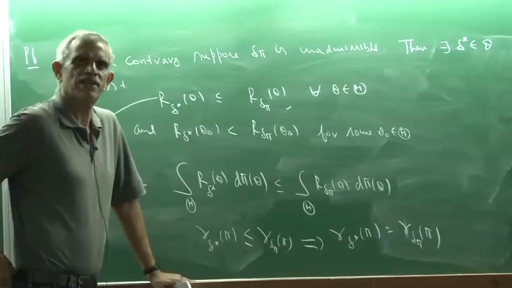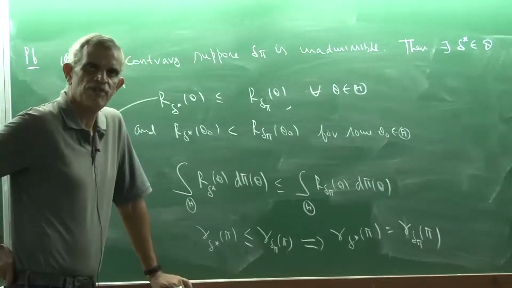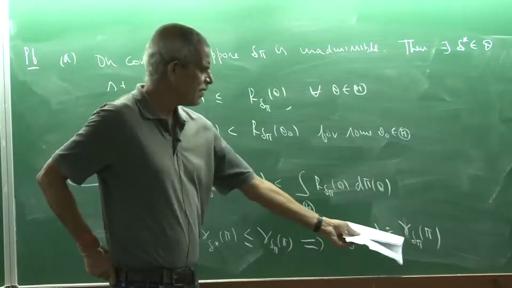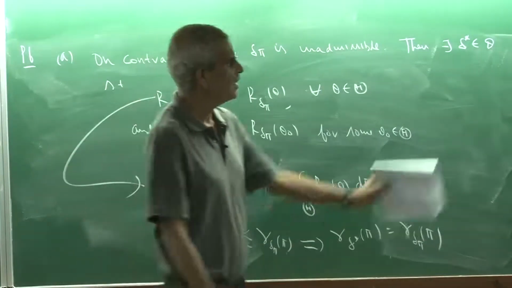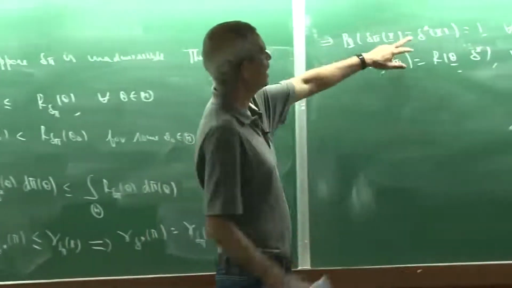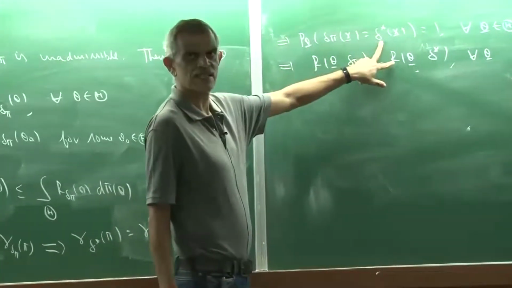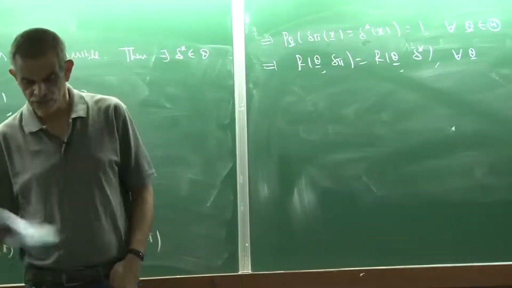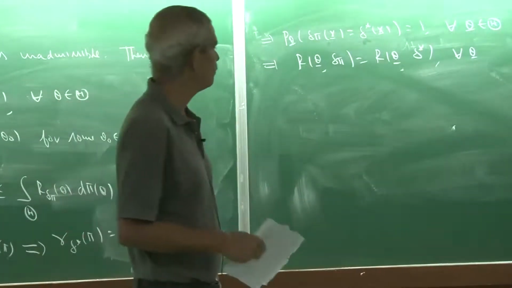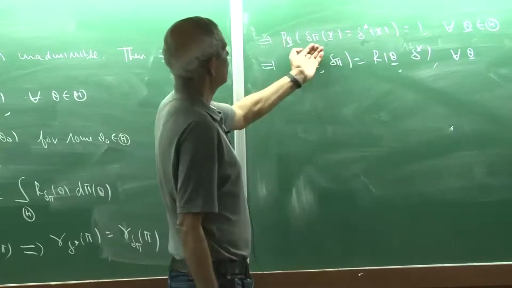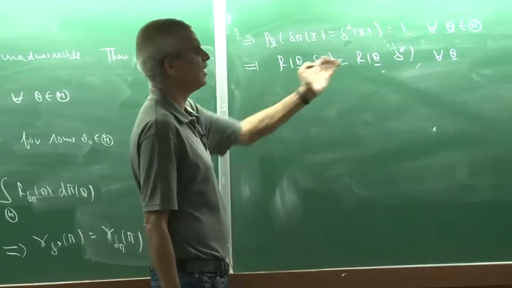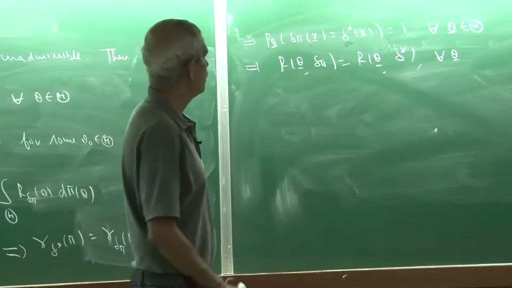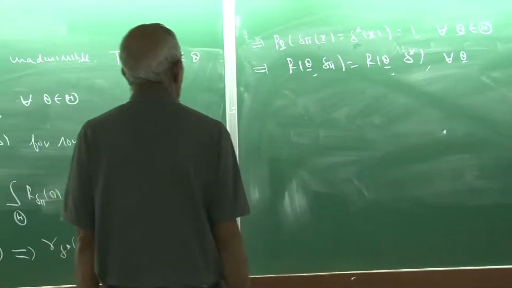So the Bayes risk of delta star cannot be less. But then if this happens and delta pi is the unique Bayes estimator, that would imply that delta pi and delta star are the same with probability 1, where the probability is calculated with respect to the distribution of X given theta. But if delta pi is the same as delta star, that means their risk is the same, because they are the same almost surely. What does that mean?